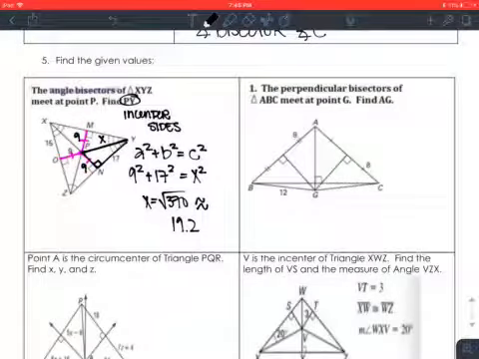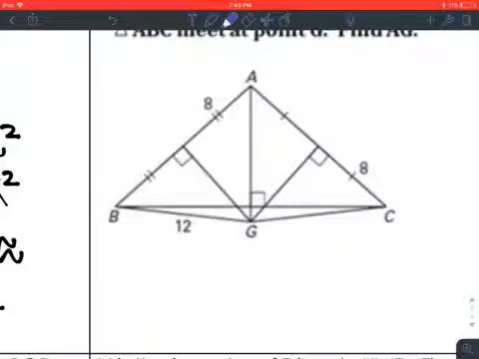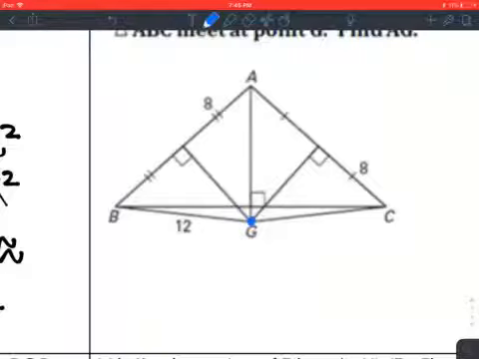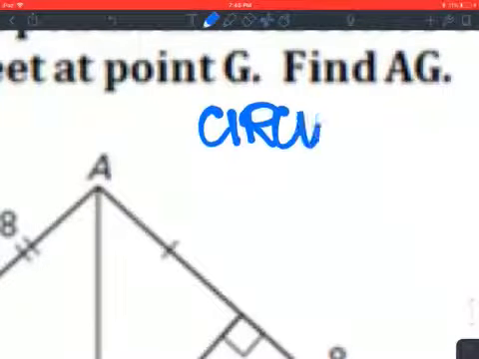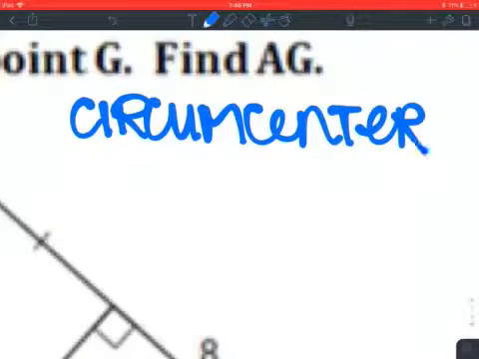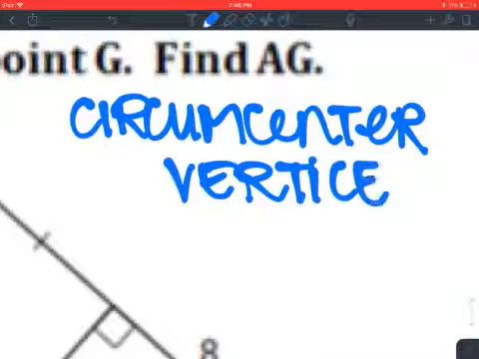So for our next one, we're dealing with perpendicular bisectors. If you look at all these perpendicular bisectors, what you're going to notice is that they are meeting at this point G. Point G is called the circumcenter. And what we know about the circumcenter is that it's equidistant to the vertices of a triangle.